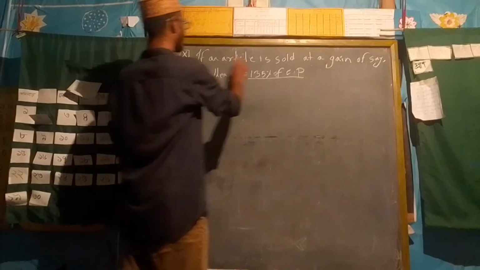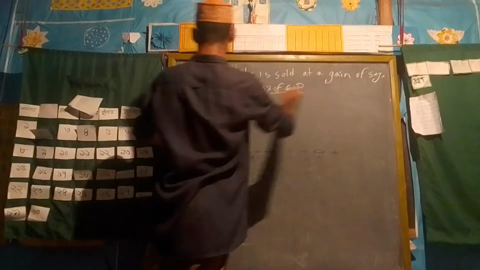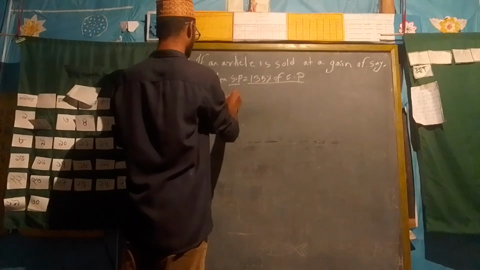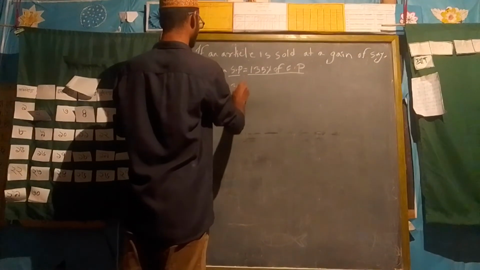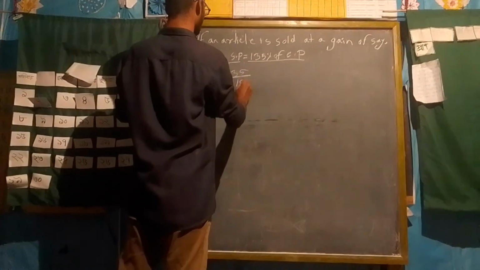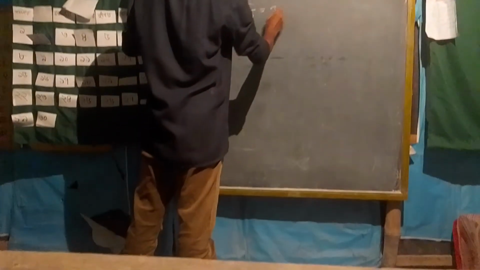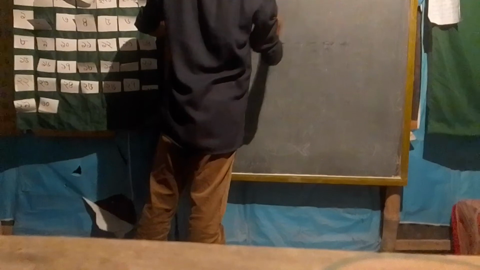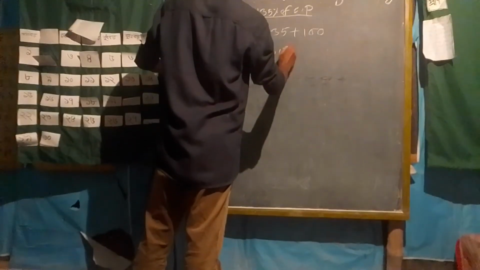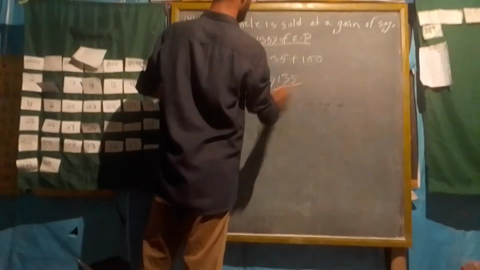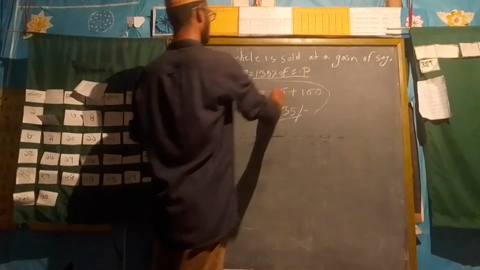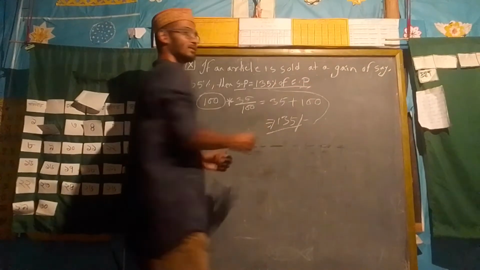Then 100 into 35 divided by 100 equals 35. 35 plus 100, the total selling price will be 135 taka, and here is the result, 135% of CP.